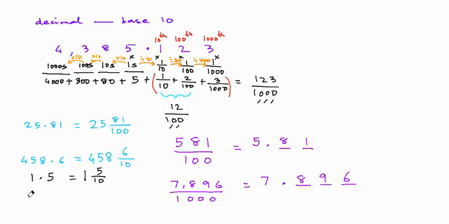Now consider the decimal number 1.50. That's equal to 1 and 50 over 100. And now consider 1.500, add 2 zeros, add as many zeros as you want. Now this becomes 1 whole and 500 over 1000.